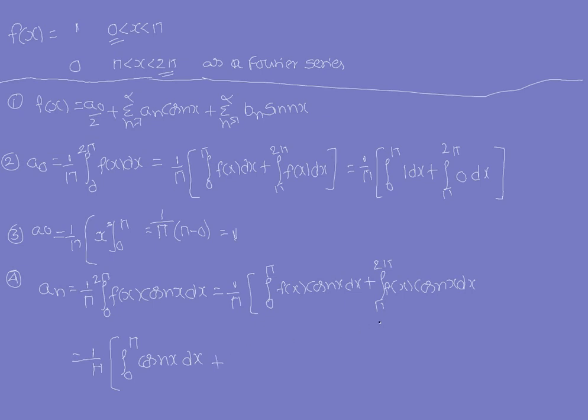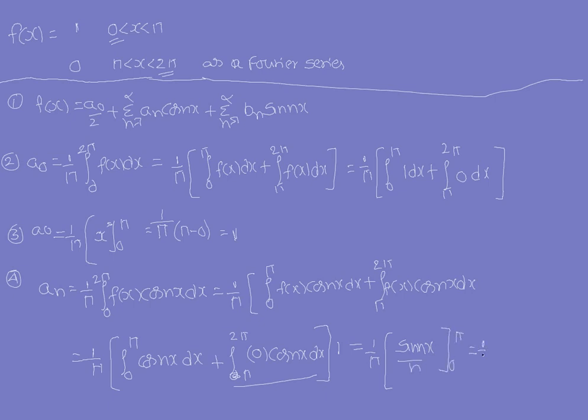So here, integral π to 2π, for integral π to 2π, f(x) value is how much? f(x) value is 0. So 0 into cos nx dx. So anyway this will vanish, 0 into something. This is nothing but (1/π) times integral 0 to π of cos nx. Cos nx integration is sin nx by n between the limits 0 to π.